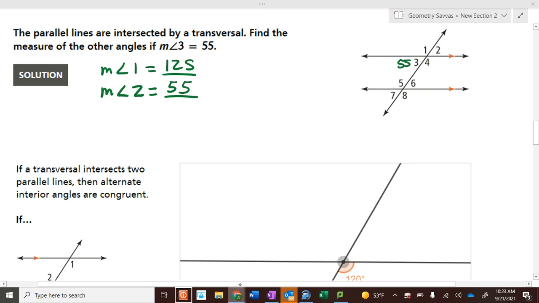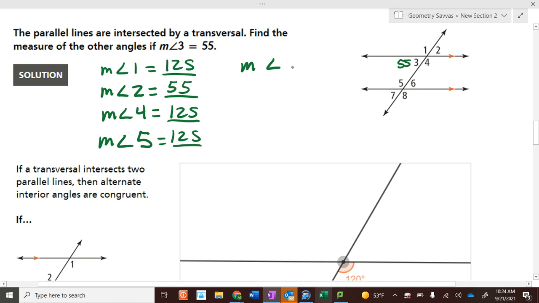That works. What's the measure of angle 4? Thomas. 125. What's the measure of angle 5, Jordan? 125. What's the measure of angle 6, Ameria? 55.